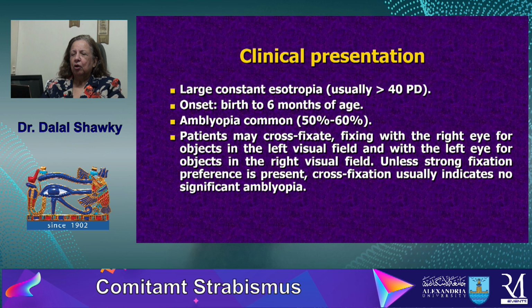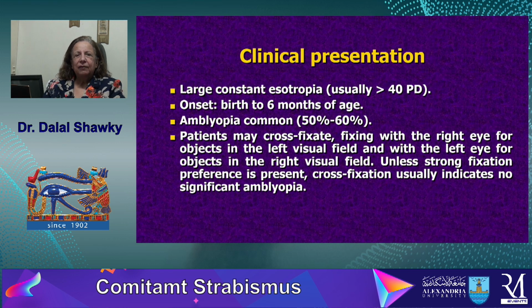Patients may cross-fixate. If there is cross-fixation, what is the meaning of cross-fixation? Meaning that the child, when looking to the left, he is looking with the right eye, which is converging, and he can look to object on his right side by the left eye when it is converging. So he is using both eyes.